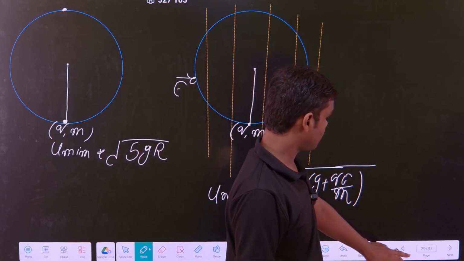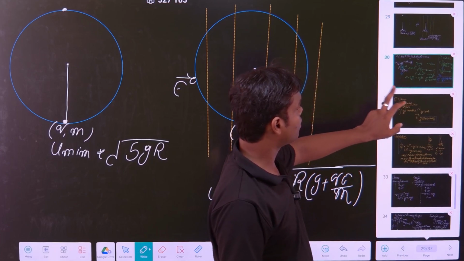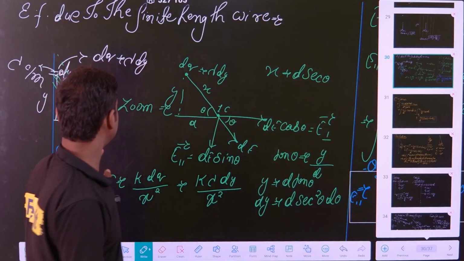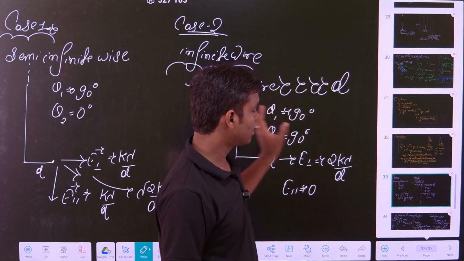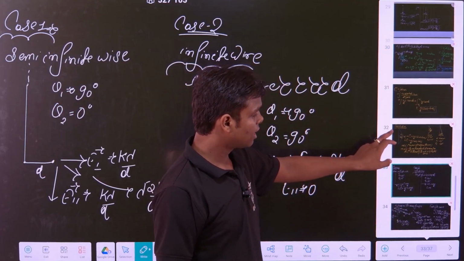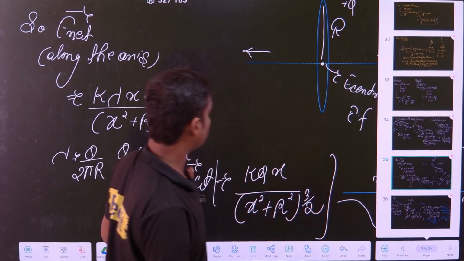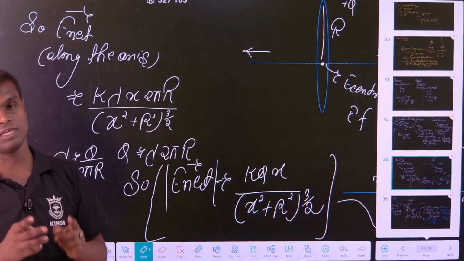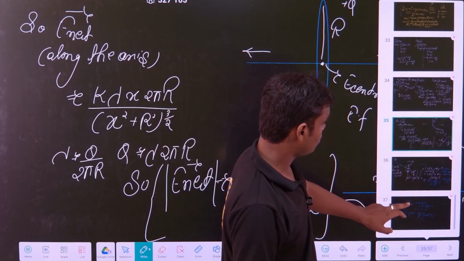Then we moved to the calculation of electric field for different geometries. First we calculated the finite wire length, then the infinite wire and semi-infinite wire, and then we moved to the ring, where we calculated the electric field on the axis, center, and where we get the maxima, minima, everything. And the last thing we moved to one numerical.